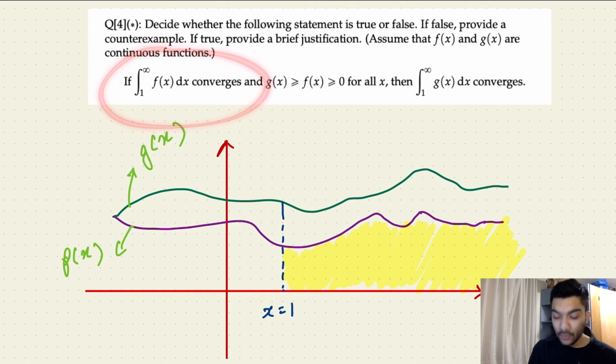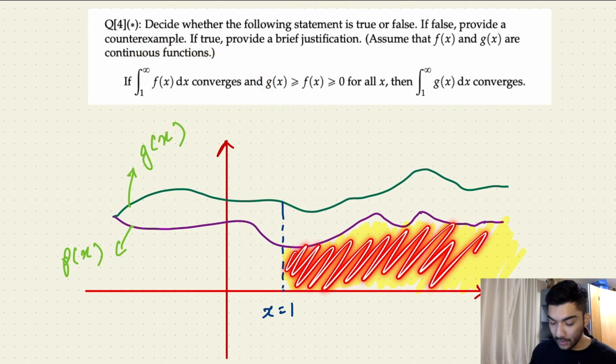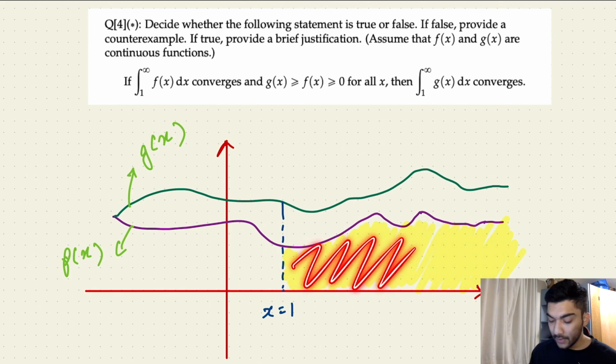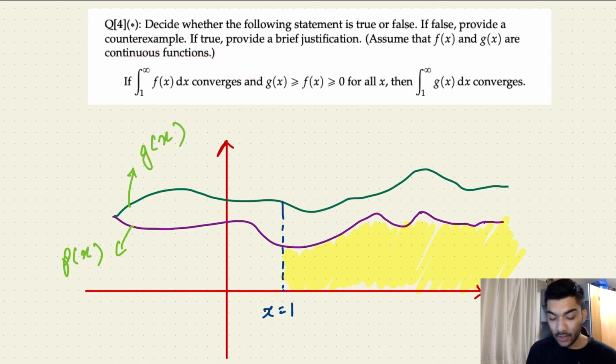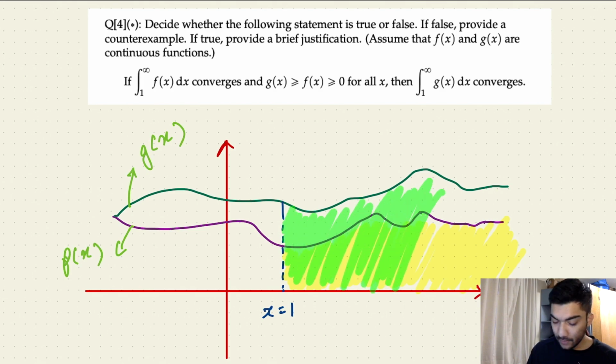And we know that this integral converges, so this area under the curve for f of x dx has a real solution. Now, based on this condition, we have to check whether this area, the area of g of x dx, which also includes the area under the curve for f of x, will converge or diverge.